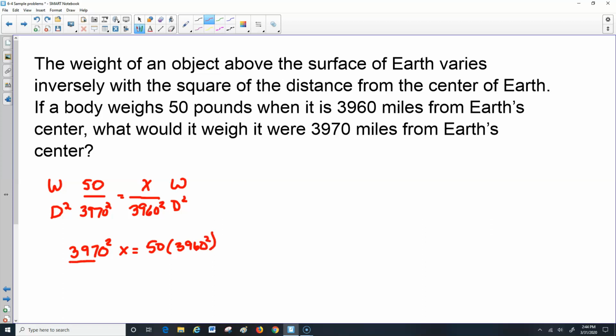And if we divide both sides by the 3,970 squared, we'll be able to solve for the x. And once again, we get that weird decimal that repeats, but if we take that out to 3 decimal places, we get about 149.748. And remember our weight was in pounds, so this would be pounds.